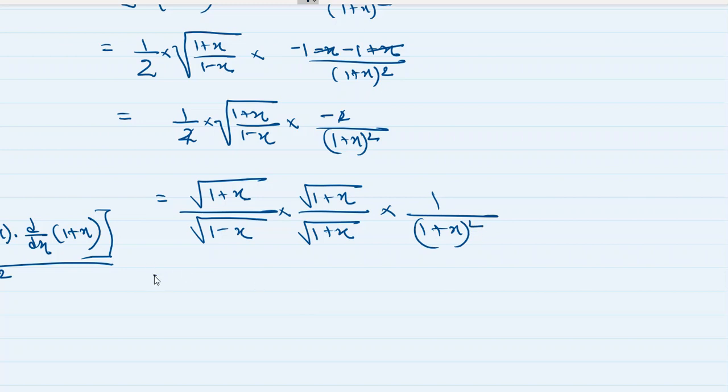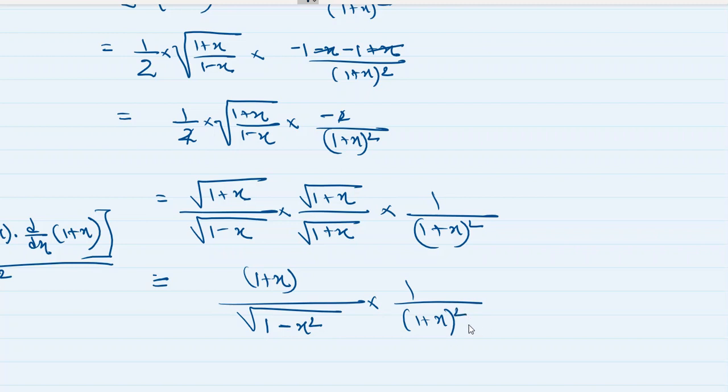Okay, so this is going to become root of 1 plus x into root of 1 plus x is 1 plus x, and this is root of 1 minus x into 1 plus x is root of 1 minus x square, multiplied by 1 upon 1 plus x the whole square.